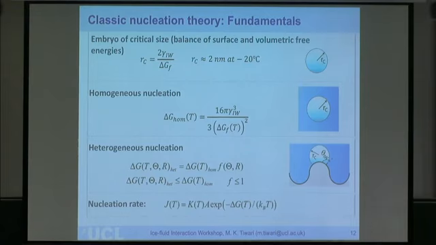The other thing that I'm not showing you here is this radius of curvature, r, non-dimensionalized here. When it is of the order of this r_c, that's when the radius of curvature becomes something that can be used as a tunable parameter. In other words, if we are using surface morphology to control ice formation, our roughness scales need to be 2 nanometers or within an order of magnitude of that.